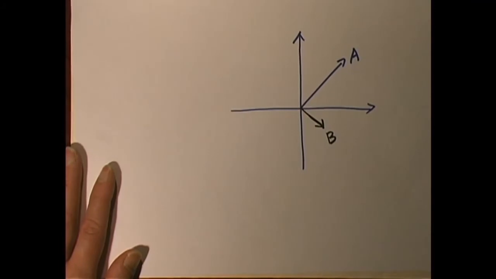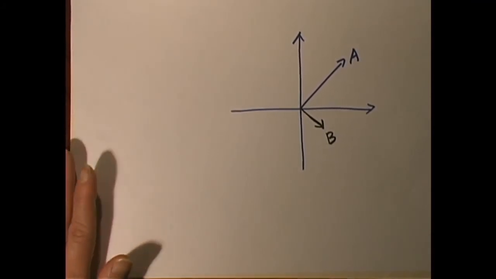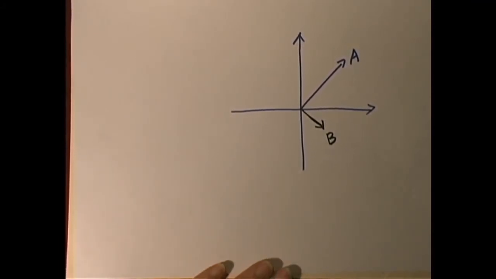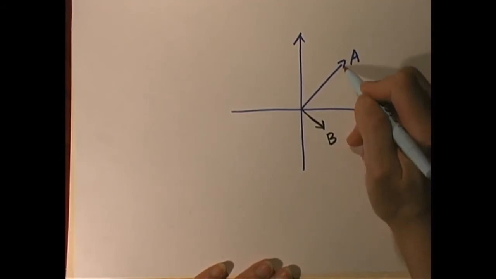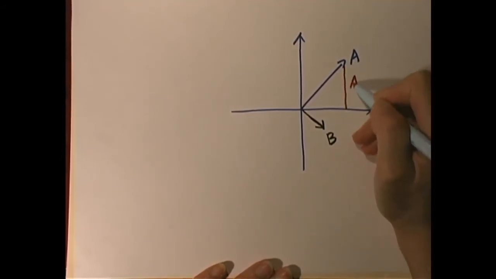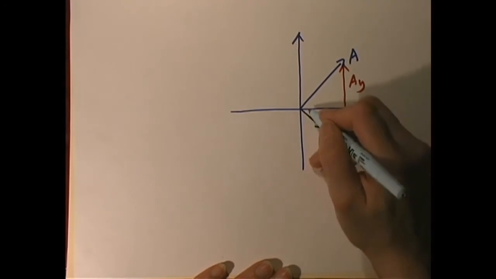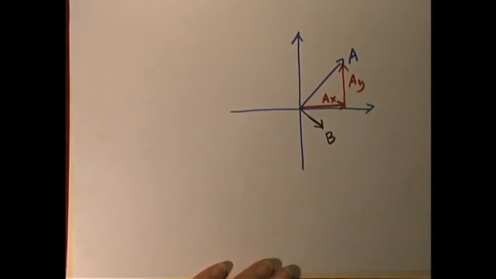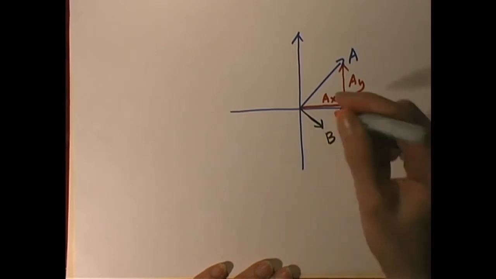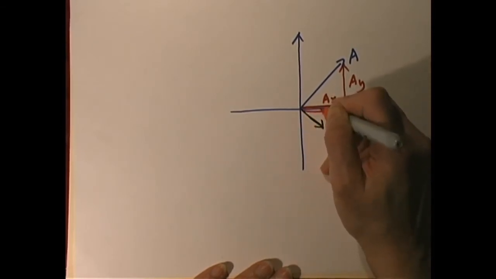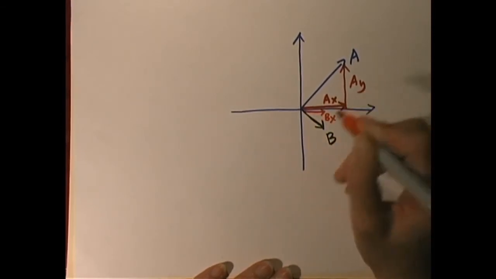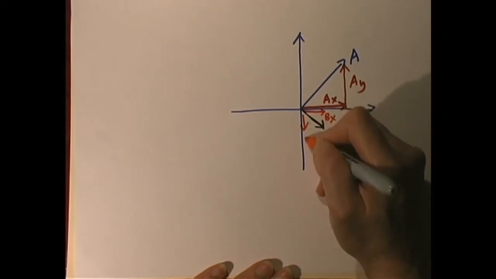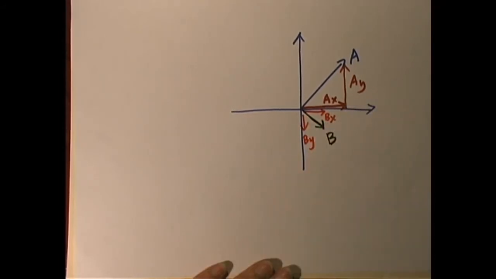Now, what if we want to add these 2 vectors A and B? Let's take a look. Our A has Ay up, Ax to the right. What about our B? Our B has a Bx to the right, but the By is down.